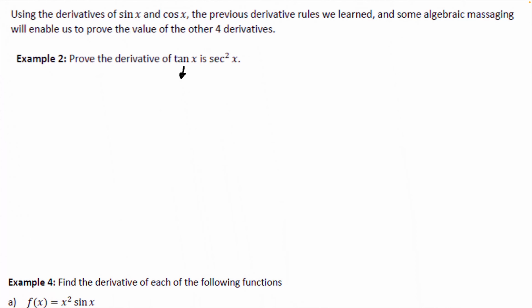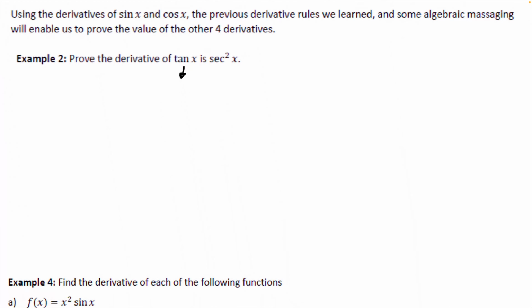So if you're thinking about the unit circle, right? Sine was y over 1, right? Cosine was x over 1.